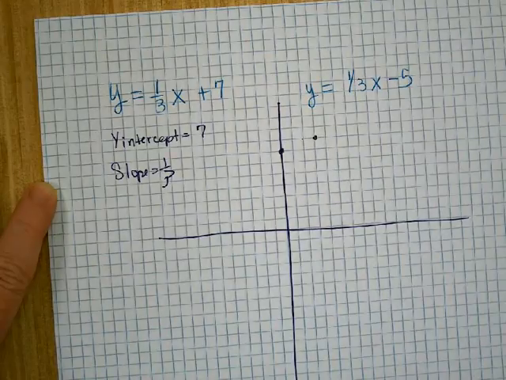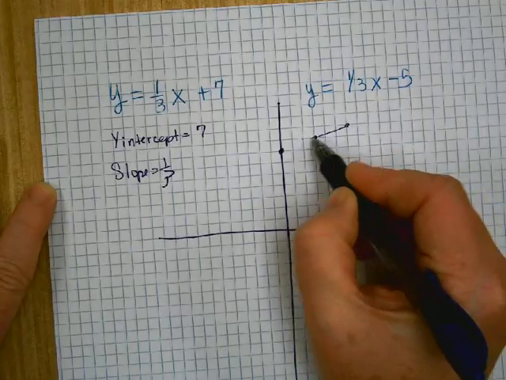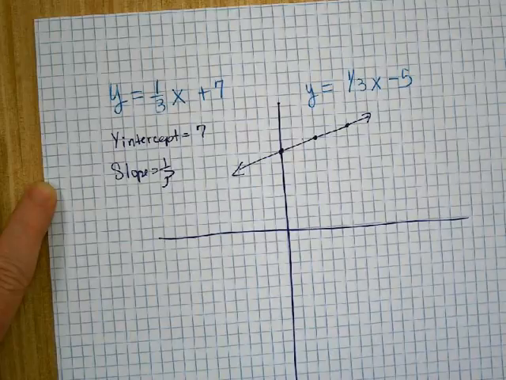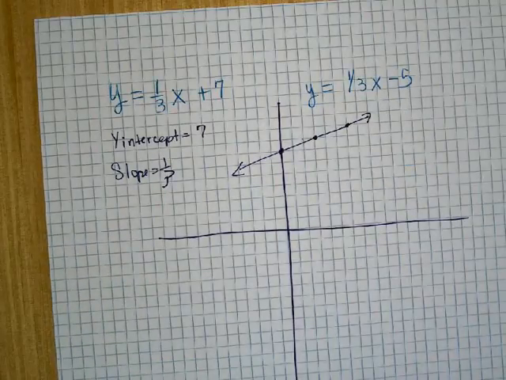And then you could do it again. Go up 1 and over 3. Oh, that's a table? We're not making a table this time. We're just making a graph. We're going straight from the equation to the graph. Okay? What about the second one? What do you know about the second one?